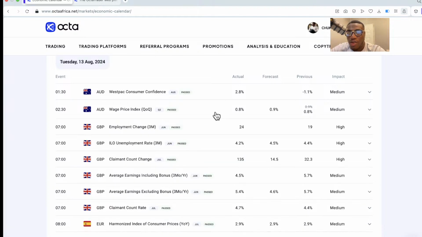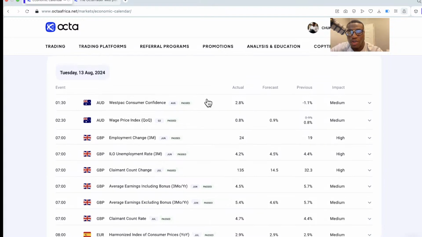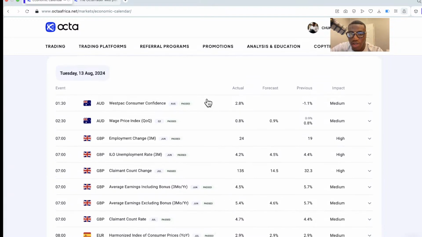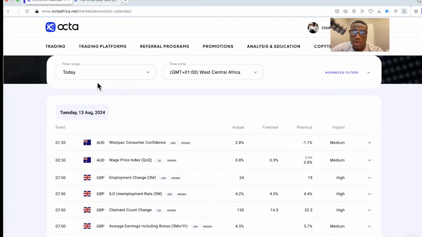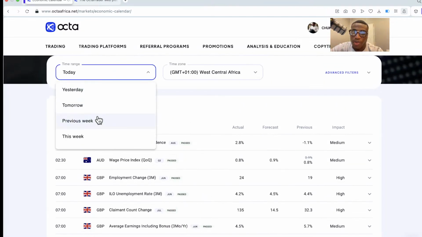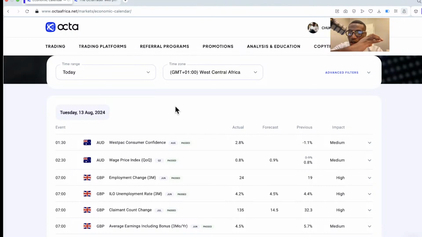Okay. Now, when you look at economic events like this, it's also good that you do research to understand, in the grand scheme of things, market sentiment. It's also good that you go to the previous week to see the trend of that currency.